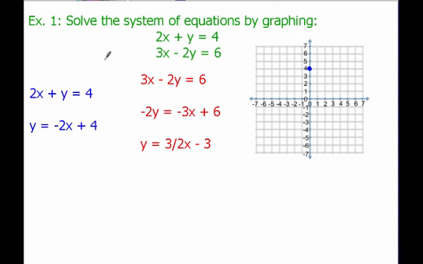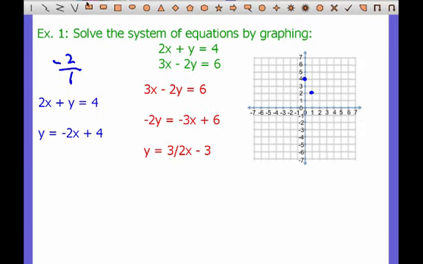And then my slope is negative 2, which I'm going to think of as negative 2 over 1, which means down 2, right 1. There's another point. Now that I have 2 points, I'm going to draw my line. My line needs to go through both points. I'm going to make it extra long here.